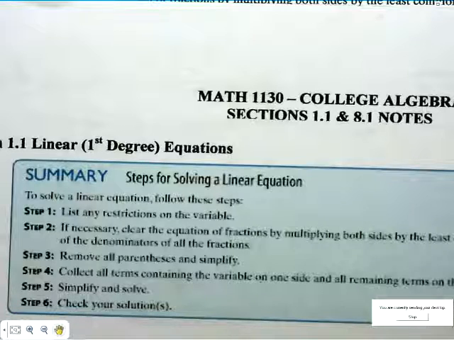Not only is it just a good idea to check your answer anyway, but in particular, there's something you need to watch out for. What can you not allow to happen in a fraction? 0 where? In the denominator. You cannot have 0 in the denominator of a fraction, or else the whole expression is, what's that word?